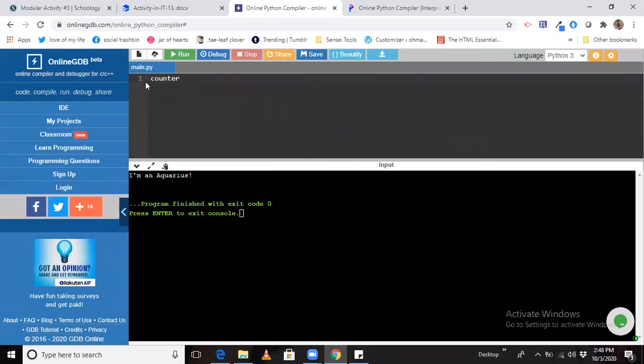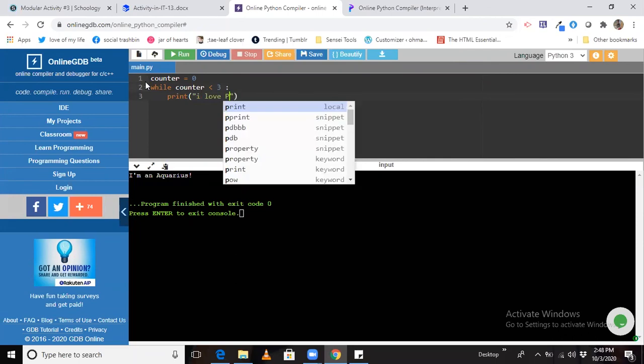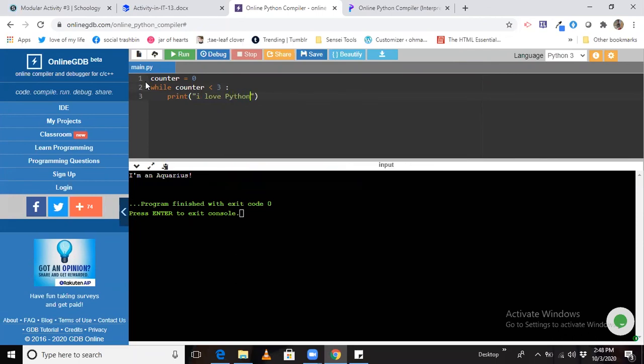Counter gets 0. Then, while counter less than 3, print I love Python. Sorry.